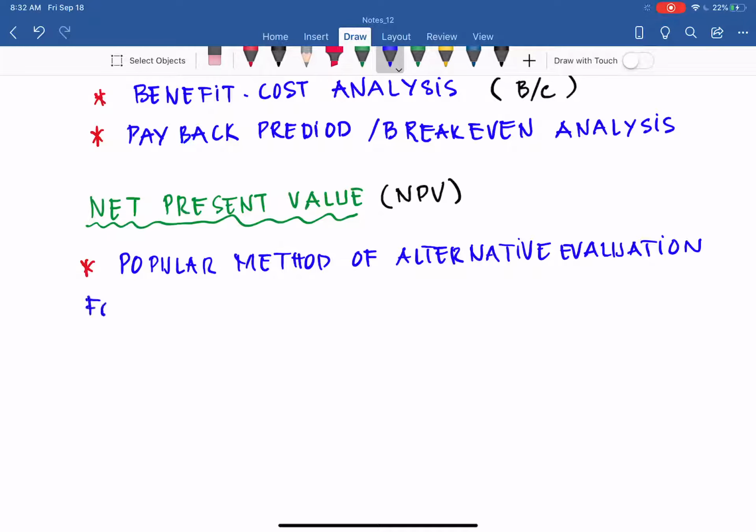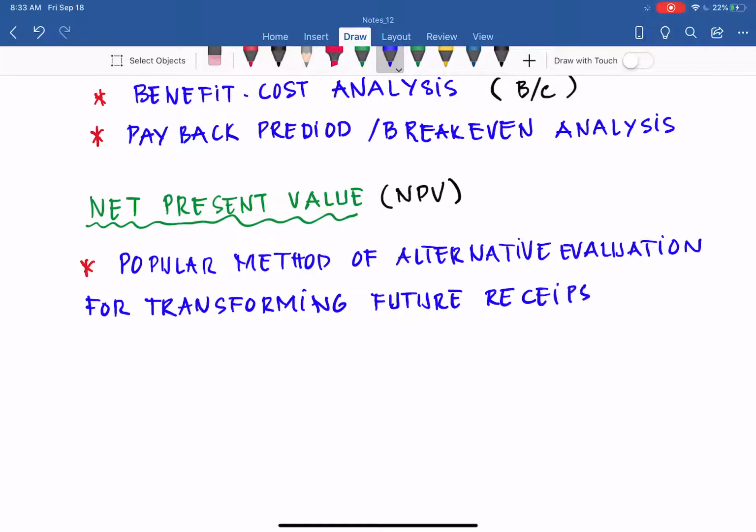So for transforming all the future receipts or expenditures into equivalent dollar amounts.